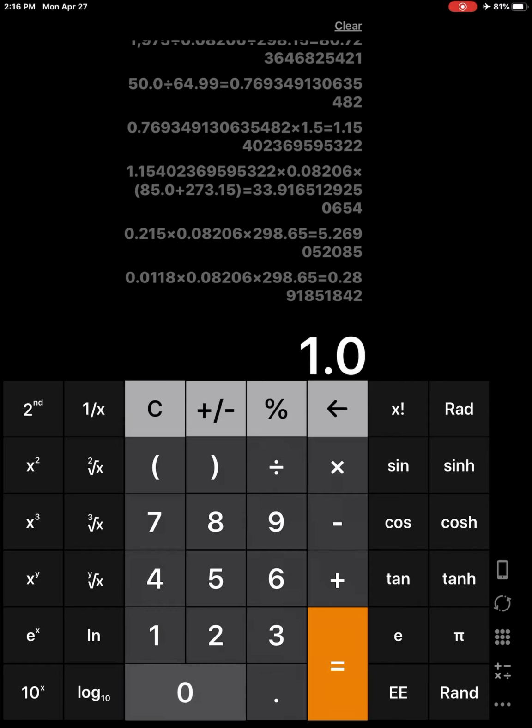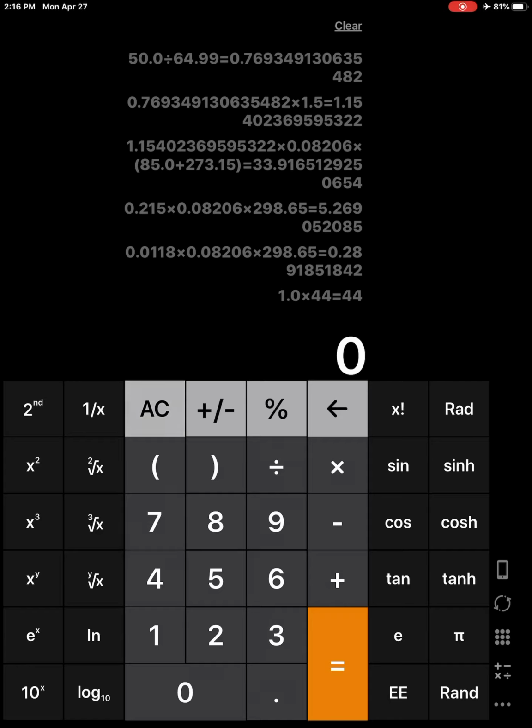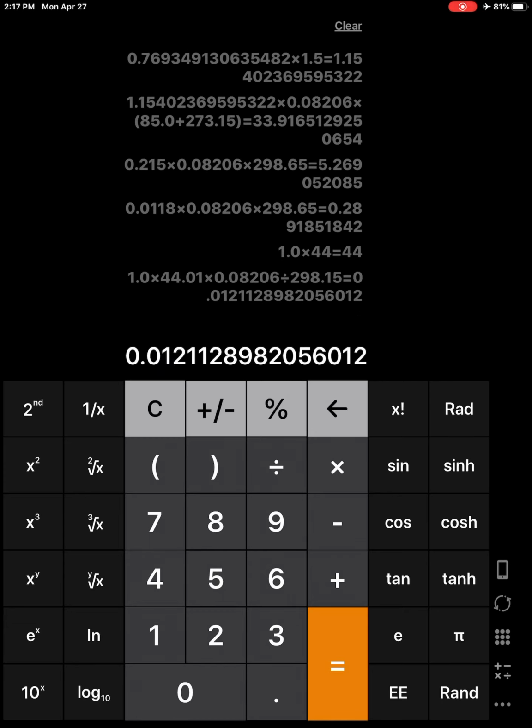So 1.0 times 44.01 divided by 0.08206 divided by 298.15. Oops, let's try that again.